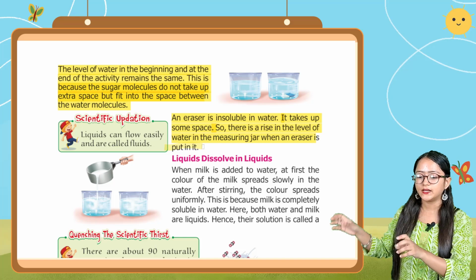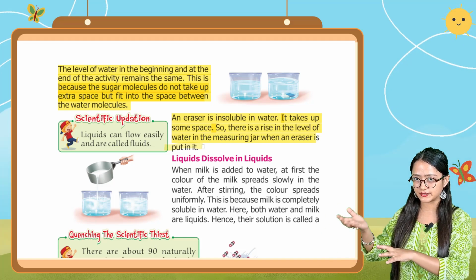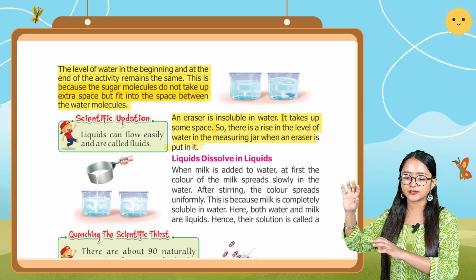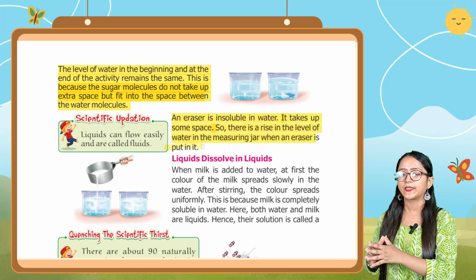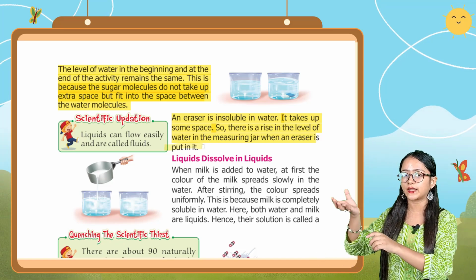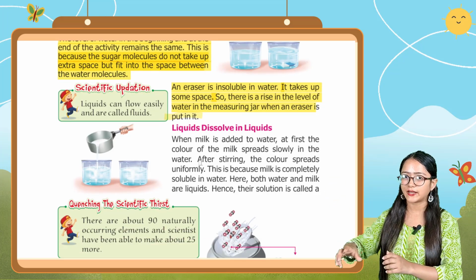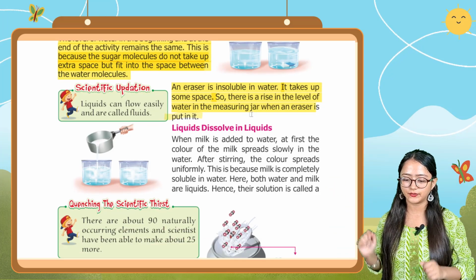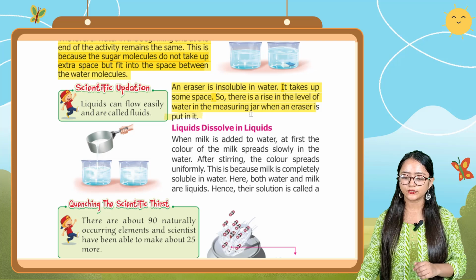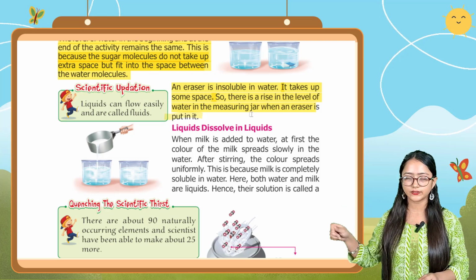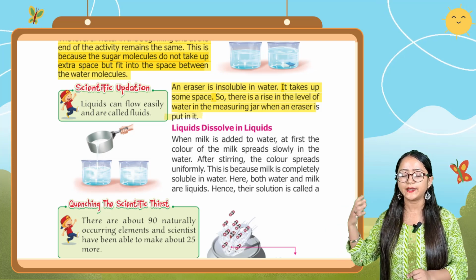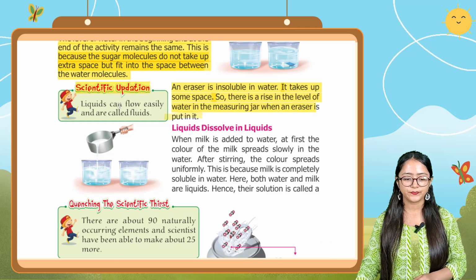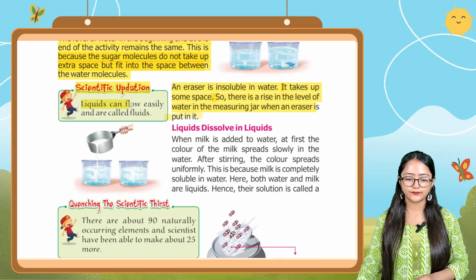That means the stones are taking up space and increasing the water level. So the water rises up and the thirsty crow drank that water and then flew away. Okay, so it is also telling that the rocks are insoluble in water and take up the space.